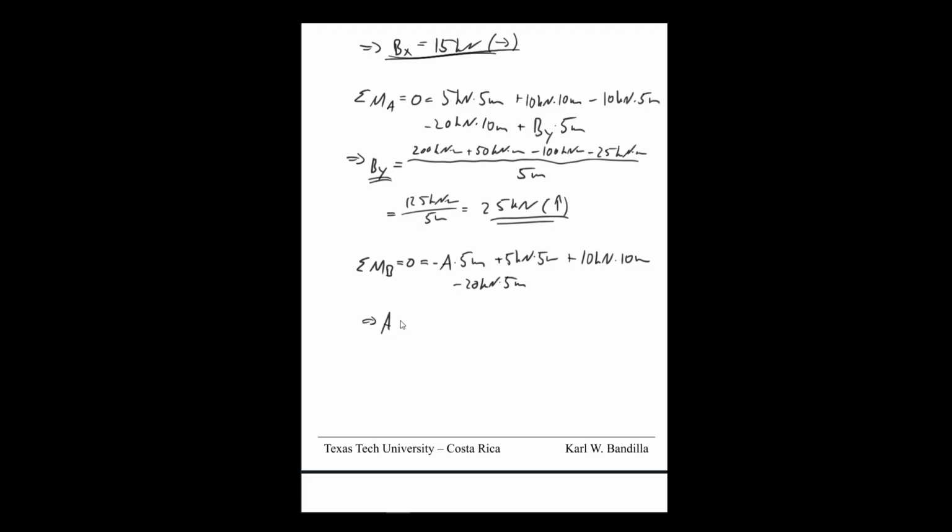That means A is equal to, so this was negative, so all the signs stay the same. 25 kilonewton meters plus 100 kilonewton meters minus 100 kilonewton meters divided by 5 meters is 25 kilonewton meters divided by 5 meters.